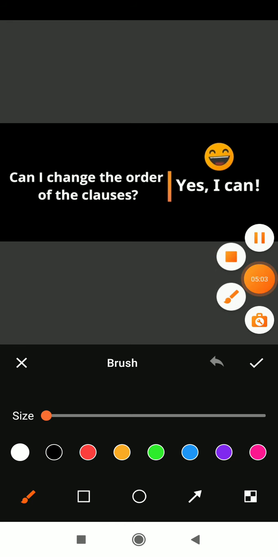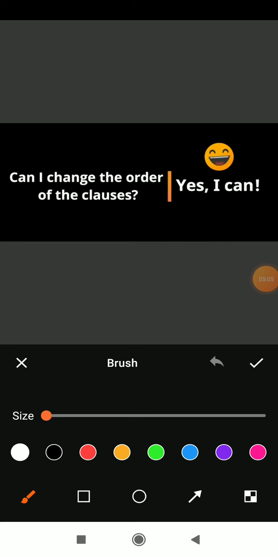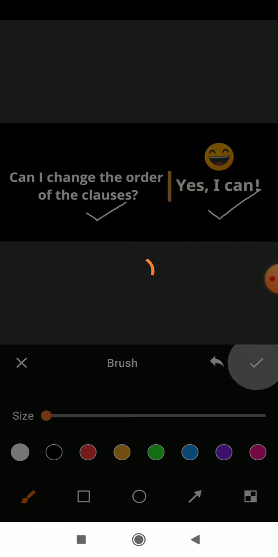Students, can we change the order of the clauses? The answer is yes, we can. Let's discuss what the order of the clauses is and how we can change it.